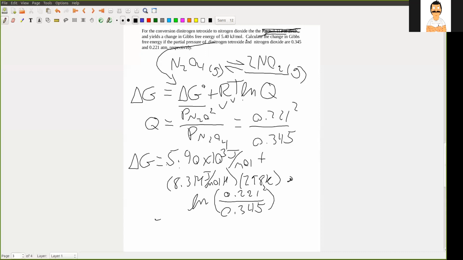And if you do that whole calculation, you'll find that you end up with a delta G of 556 joules per mole.